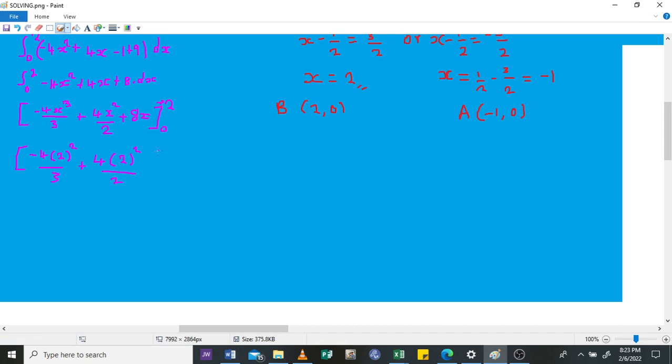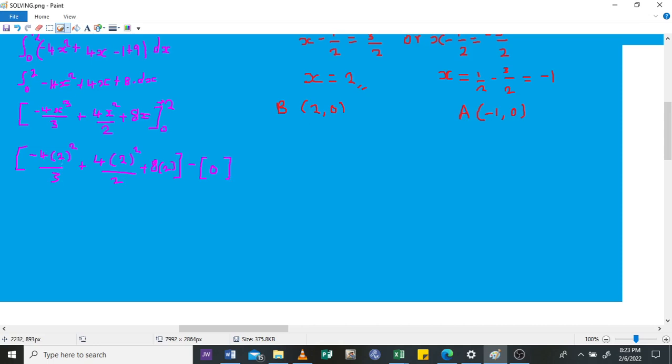All right, so we proceed. We have 8, and we have 2 again. Now remember that downward we have 0. If we substitute 0 in this expression, everything will be 0.